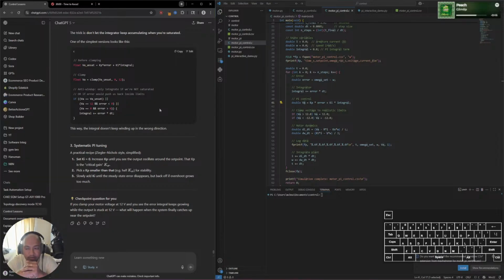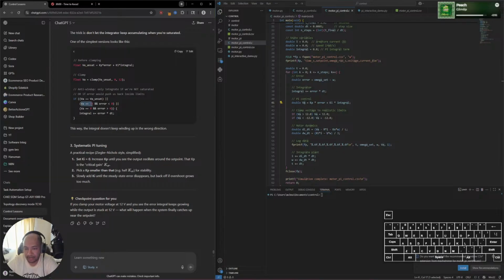So let me understand this a little better. Essentially, let's say for instance we get 12 here. If I clamp it and I get 12 as well, then I know that these two are the same, so I can keep integrating.